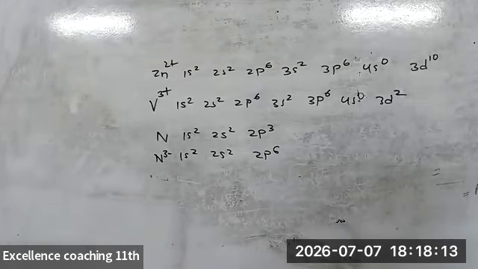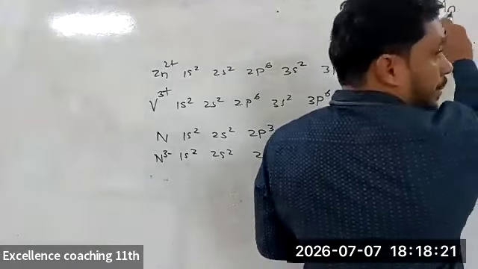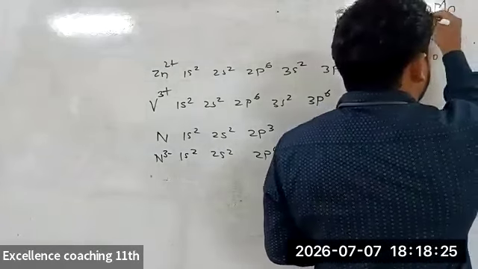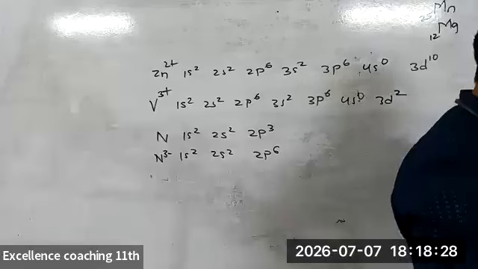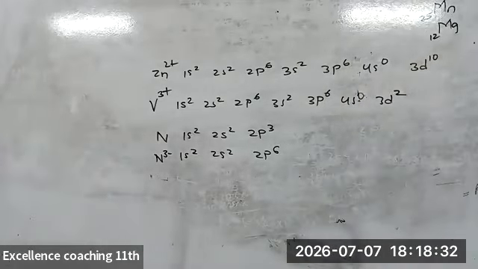Mn. See here, must practice. I have Mn, manganese, and magnesium is Mg. This is atomic number 12. This is atomic number 25. Be careful, don't make this mistake in the exam. Manganese plus 5.